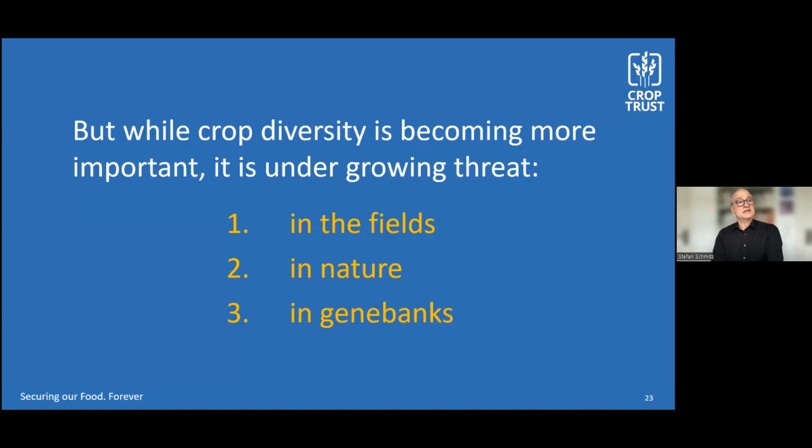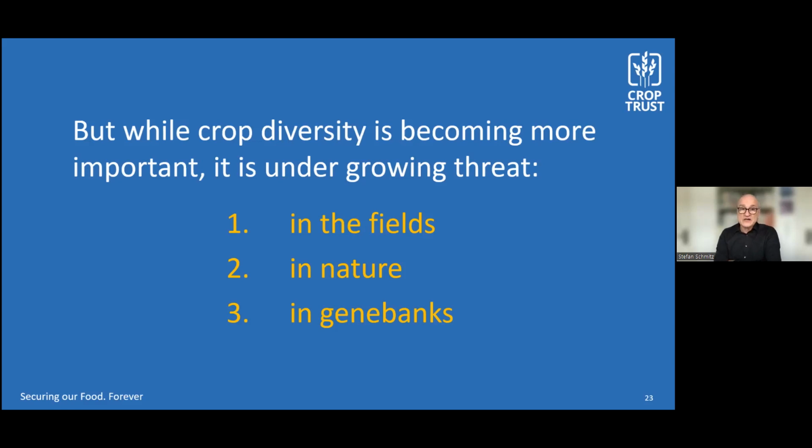Next slide, please. But why crop diversity is becoming more important: it's under growing threat. In the fields, due to homogenization, standardization, and industrialization of our agriculture. It is under threat in nature, where the so-called crop wild relatives come from.